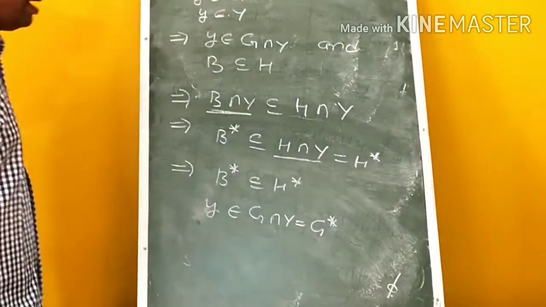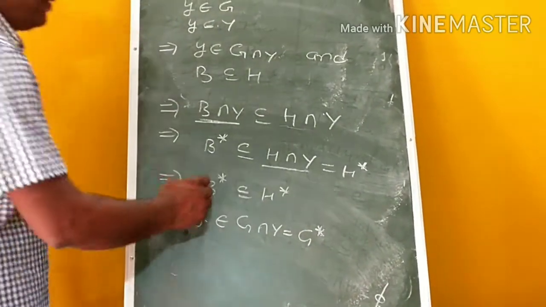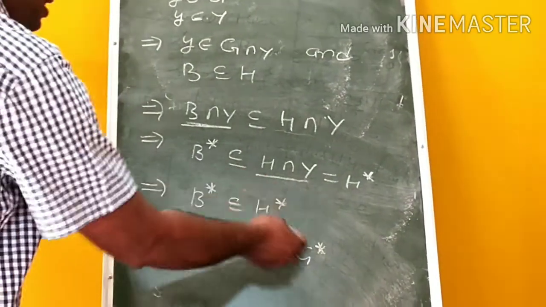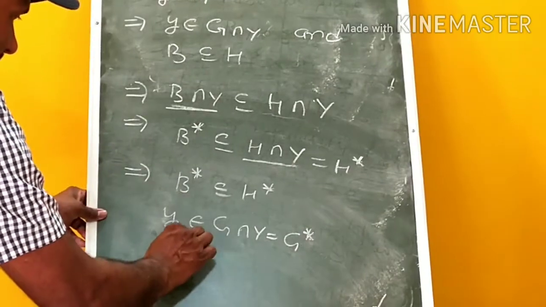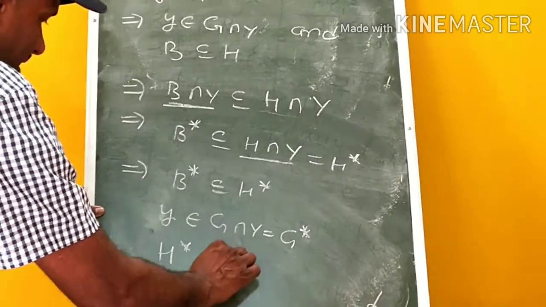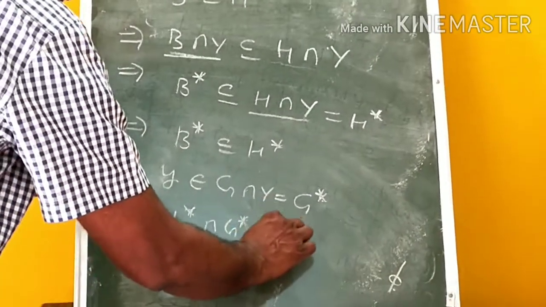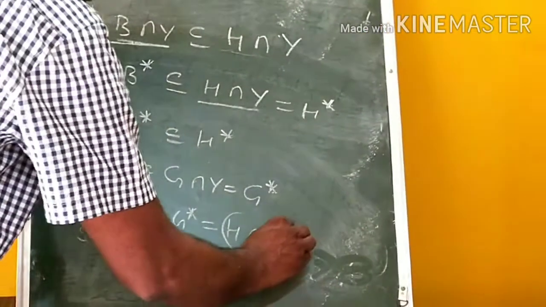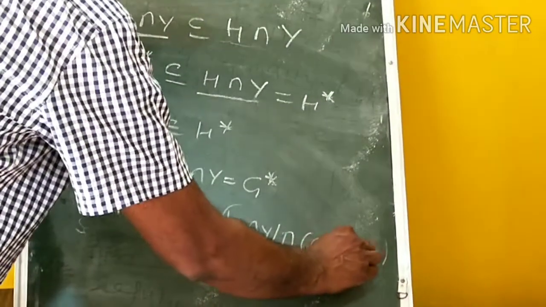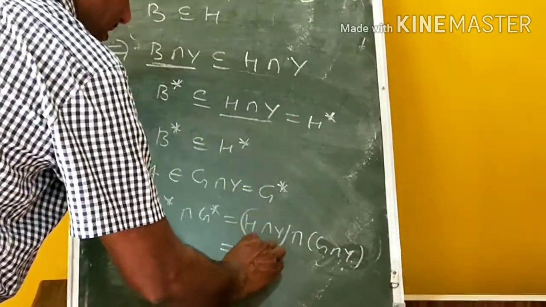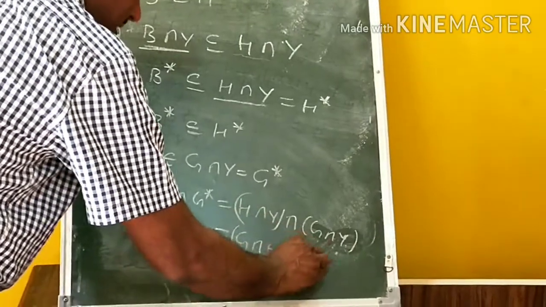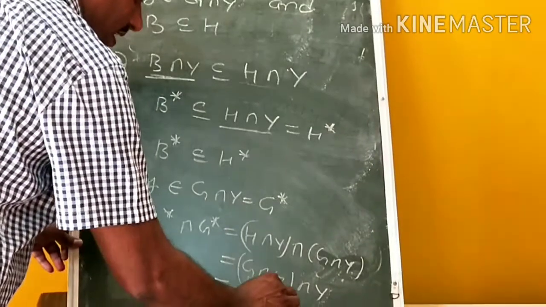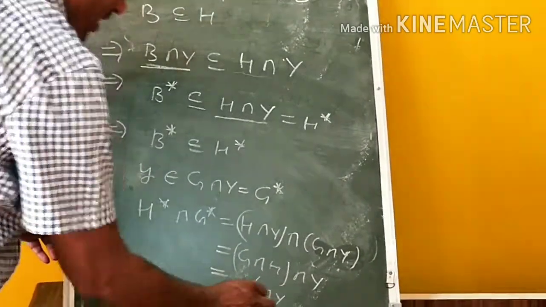For the closed set B* we find an open set H* such that both are disjoint, and the disjointness can be seen from here. H* intersection G* is equal to (H intersection Y) intersection (G intersection Y), and G intersection H we have already taken to be disjoint, so it is phi intersection Y, and this is phi.